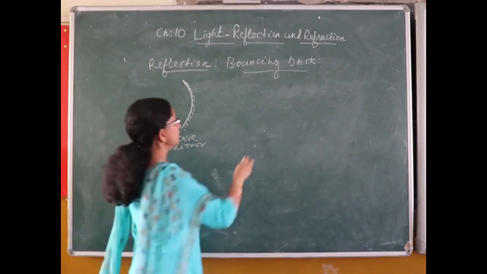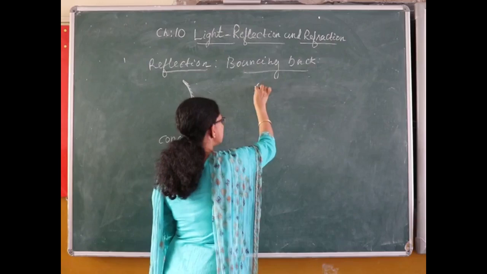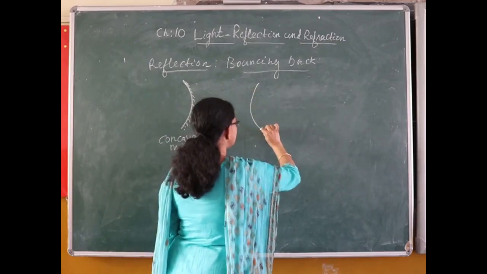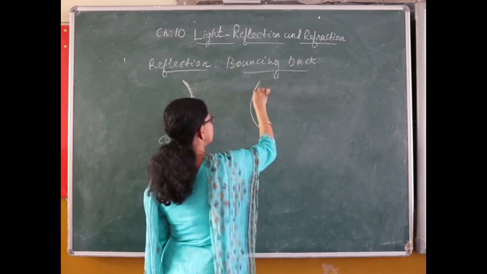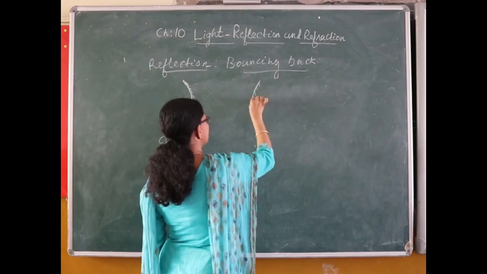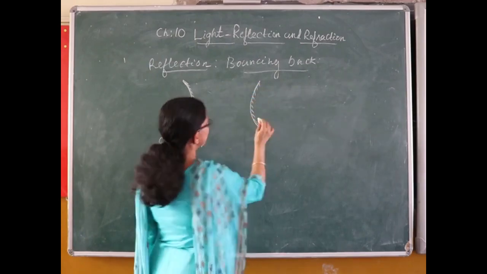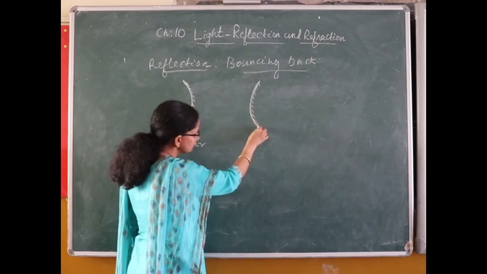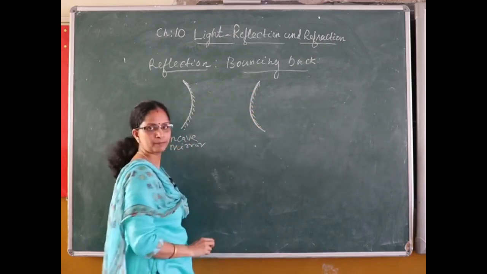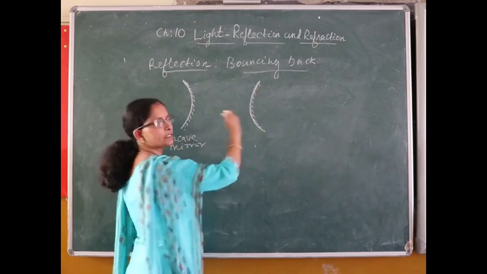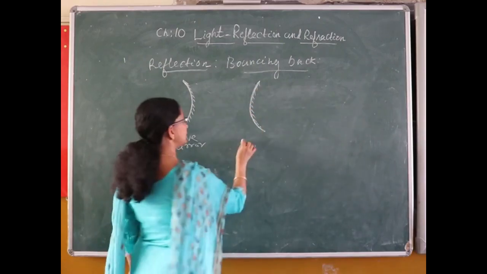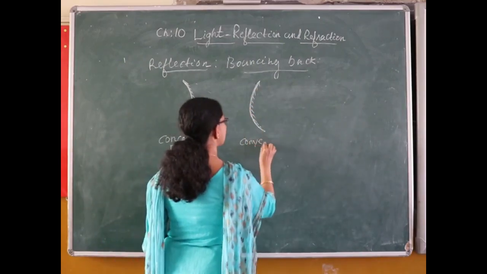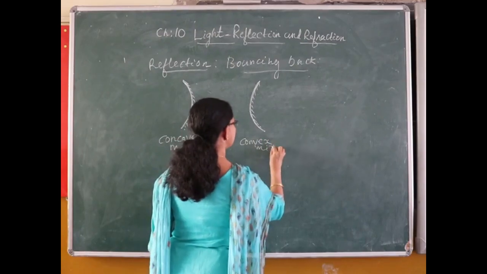Whereas if the reflecting surface is bulged outward like this, here the reflection takes place from the outward curved surface. The outer surface is acting as a reflecting surface, and then it is known as a convex mirror.